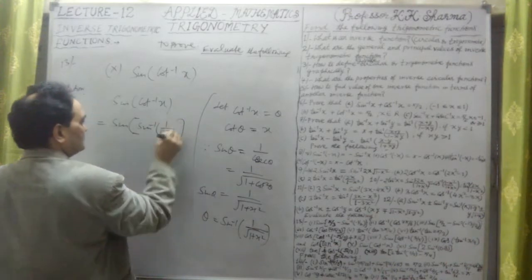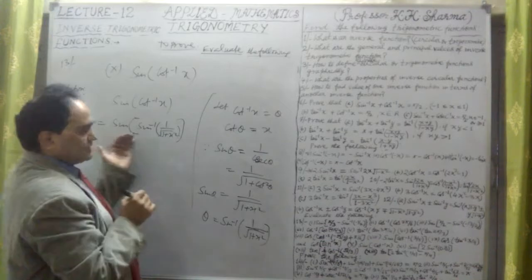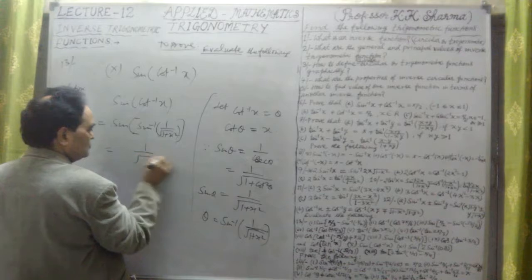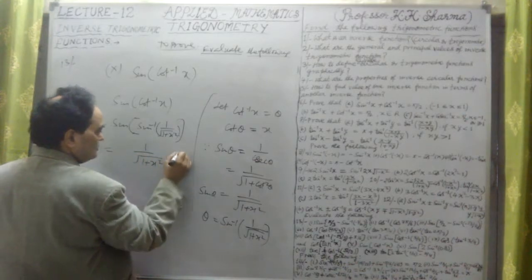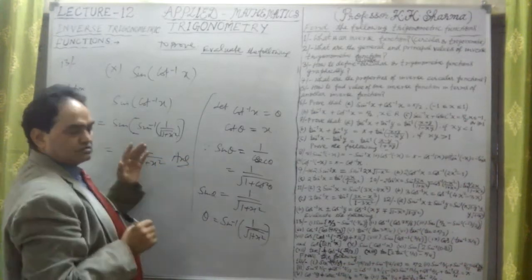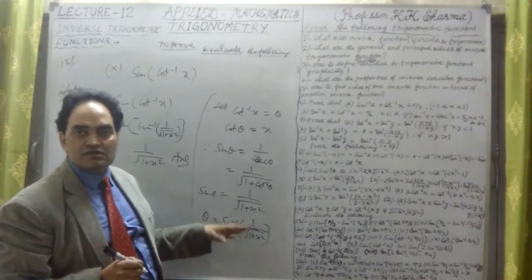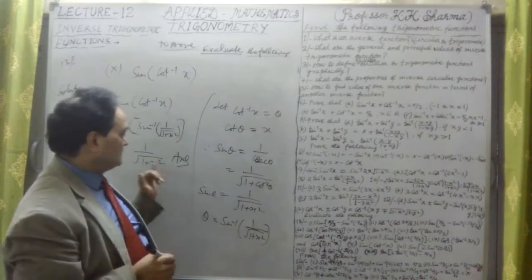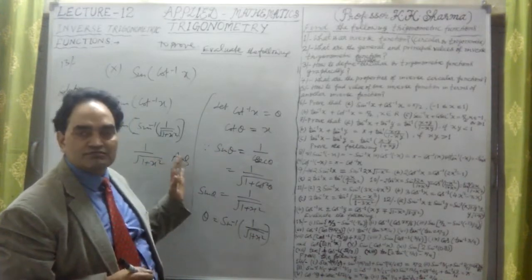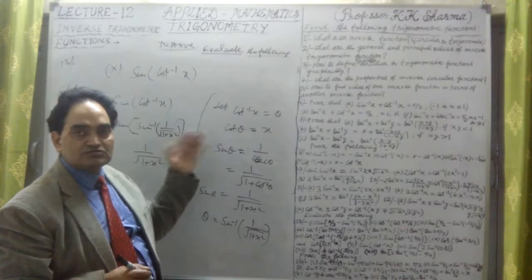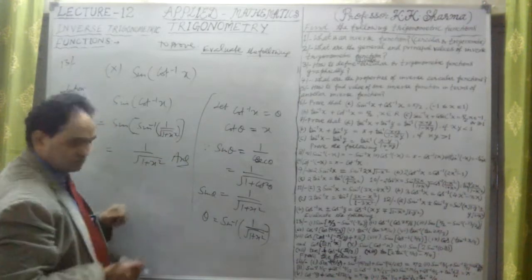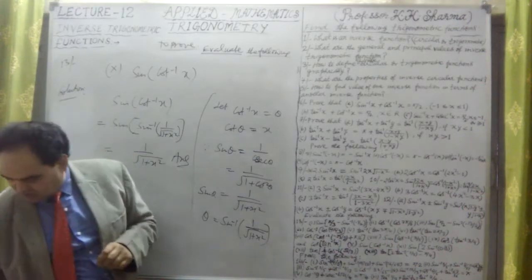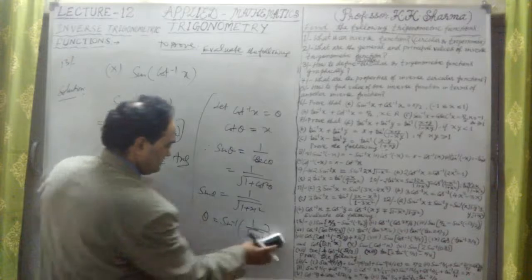Sine and sine inverse cancel out, because we know that sine of sine inverse x is x only, the numerical value only. So the answer here is 1 upon under root 1 plus x square. This is the 10th part of question number 13.